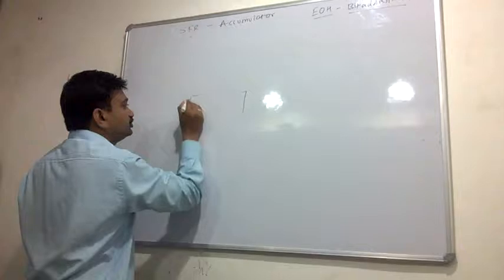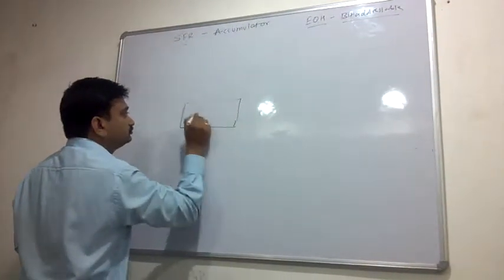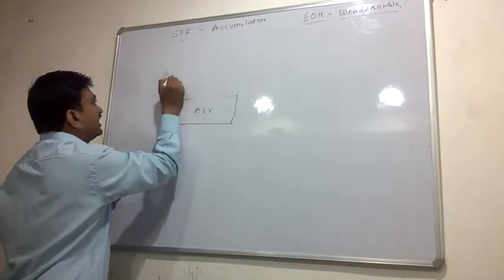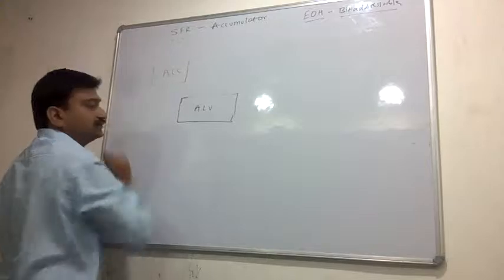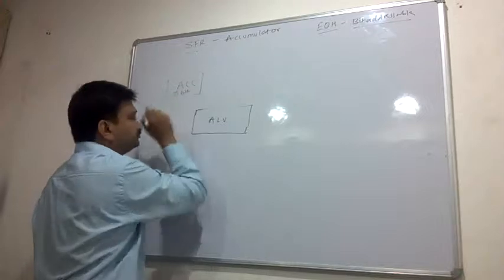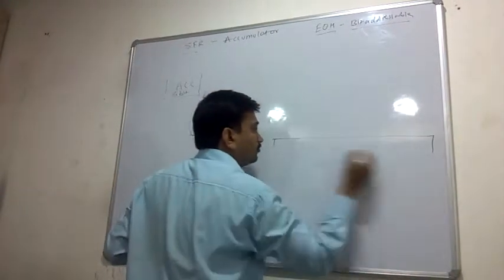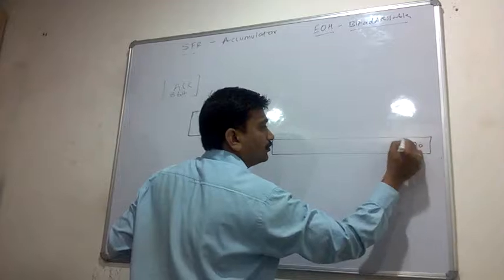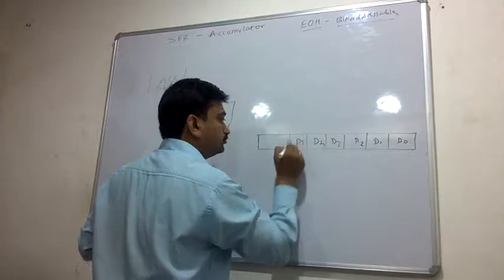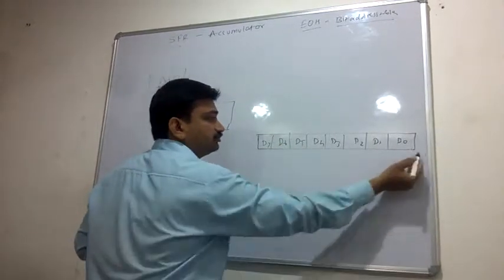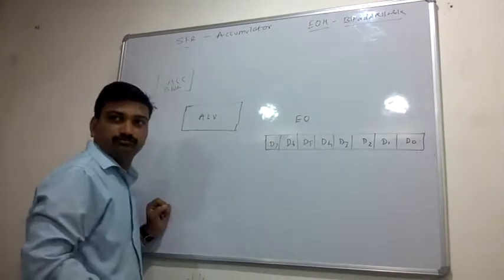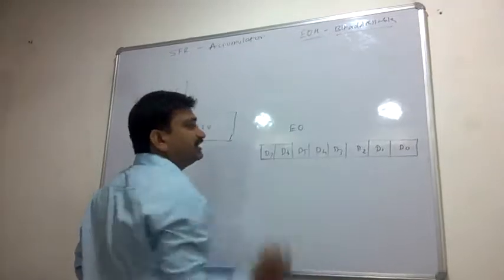With the arithmetic logic unit in the 8051 microcontroller, there is a special register known as the accumulator, in short ACC. This accumulator is an 8-bit register. Its address is E0H, H for hexadecimal, and it is bit addressable.